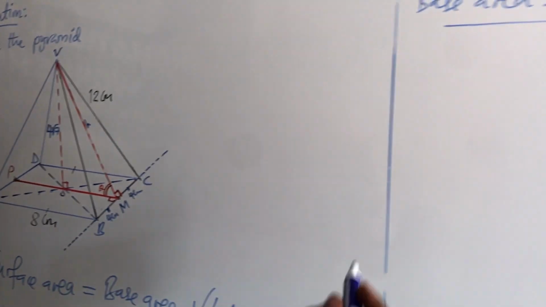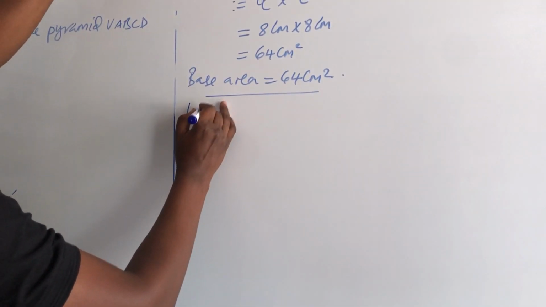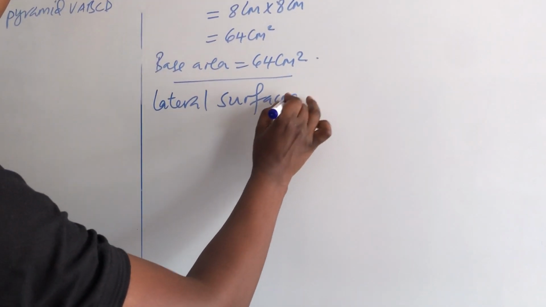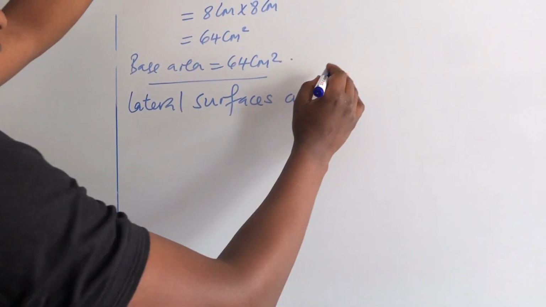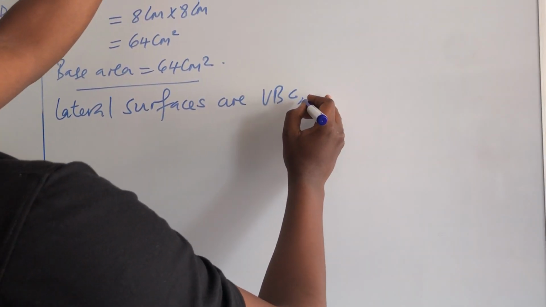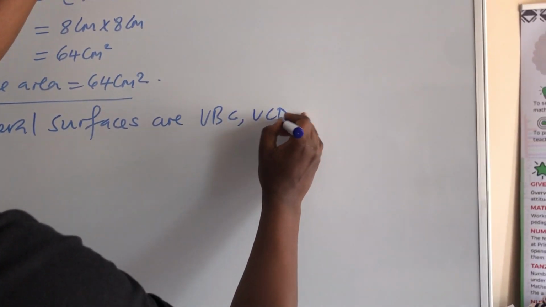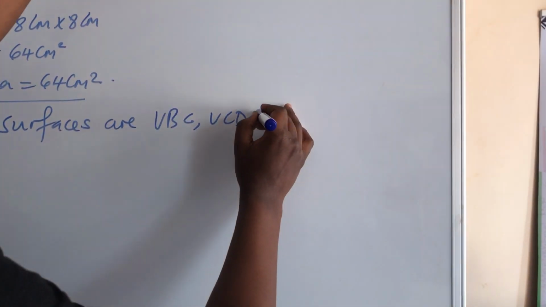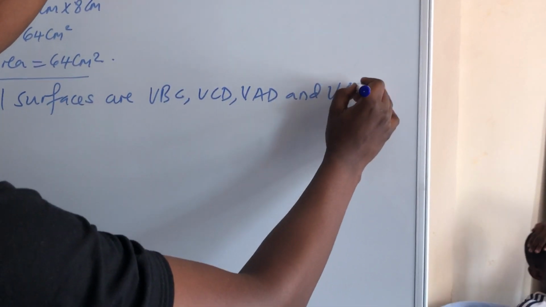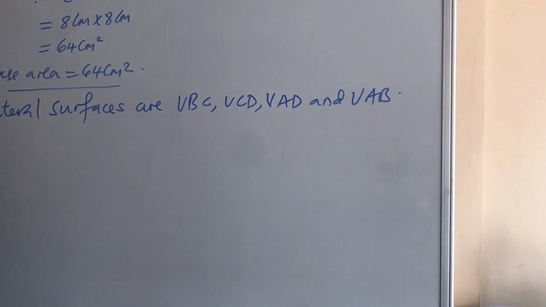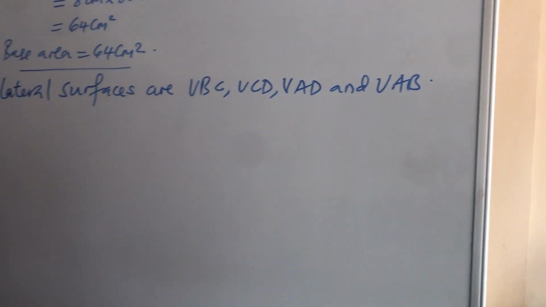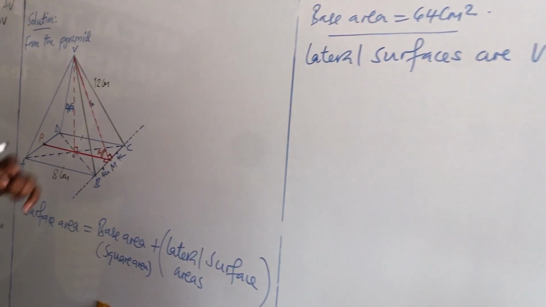So the lateral surfaces are VBC, VCD, VAD and VAB, and all of them are the same. So better we find the area of one first, then we multiply by 4.